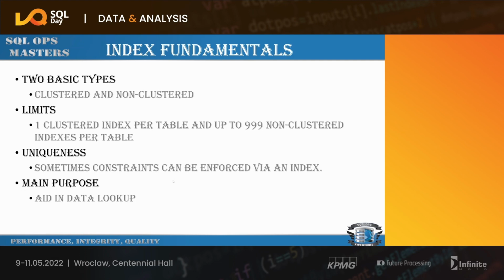And then we have the last item there. The main purpose is to aid in data lookup. All right. I mentioned at the top, since it's on the screen, I'll talk to it a little bit. I've talked about this a few times. Two basic types. We talk about clustered and non-clustered, but we also have columnstore indexes. We have spatial indexes, XML indexes, and full text indexes, right?